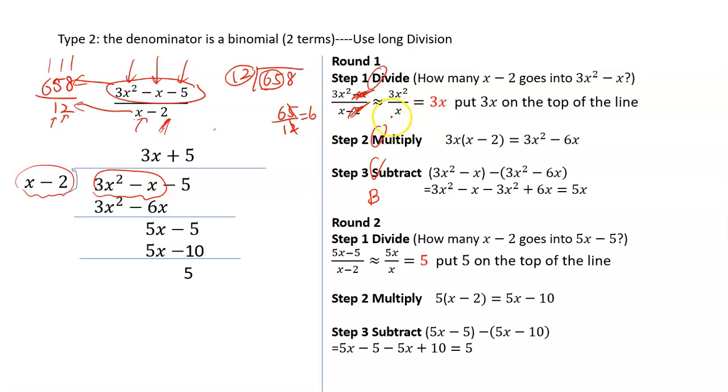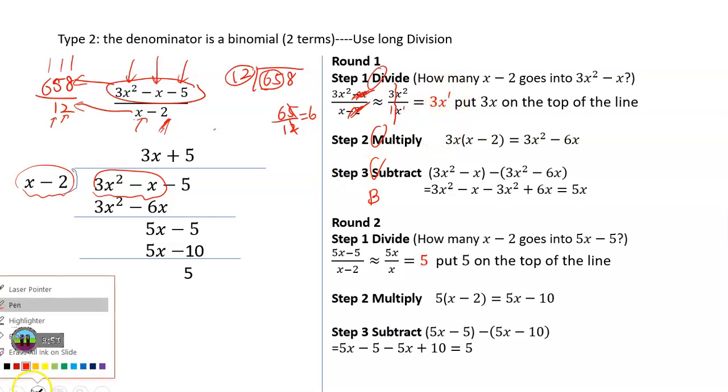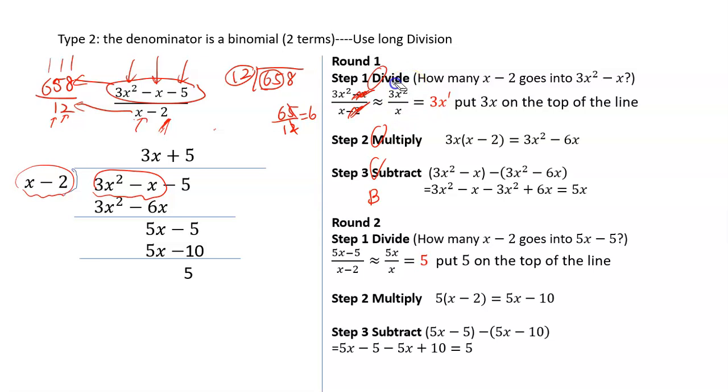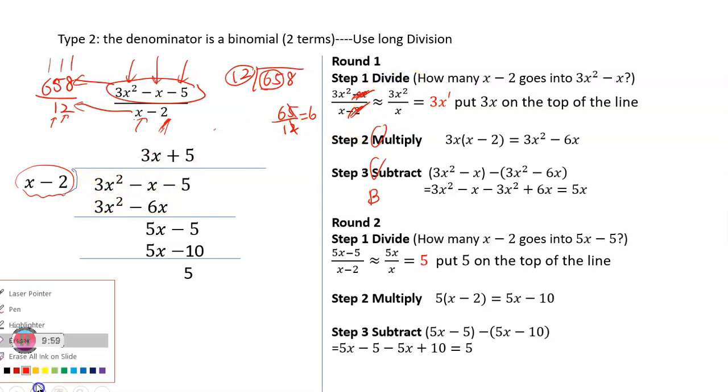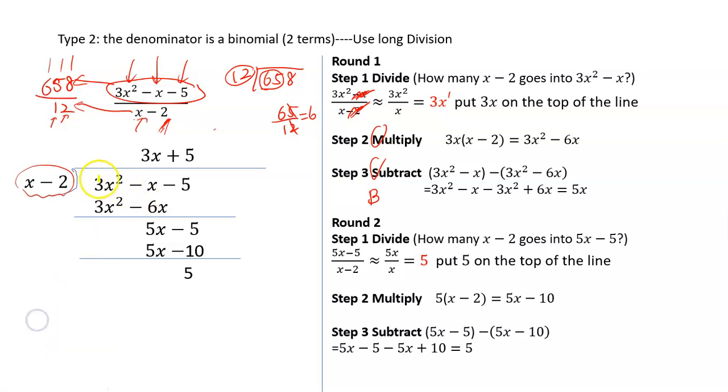This is something we know how to do, and we did this before. To divide, we divide the numbers by numbers. 3 divided by 1 is 3. x squared divided by x, we subtract the exponents. 2 minus 1 is 1. So we got 3x to the first. Again, we're supposed to divide these two by whatever is in the bottom, x minus 2.